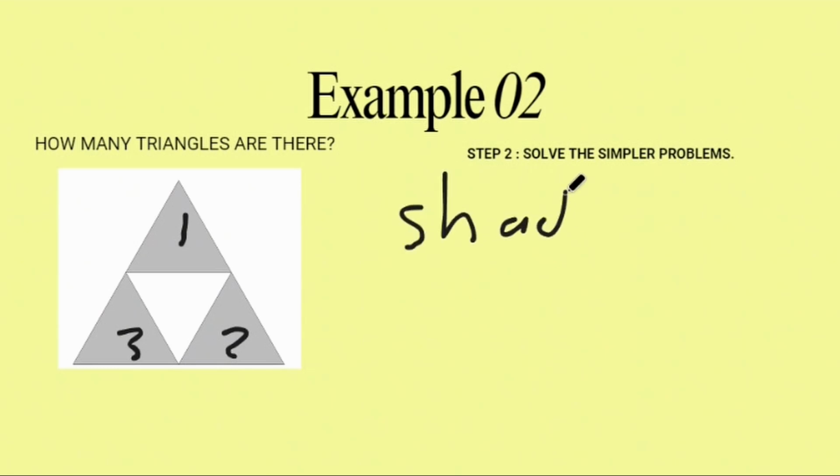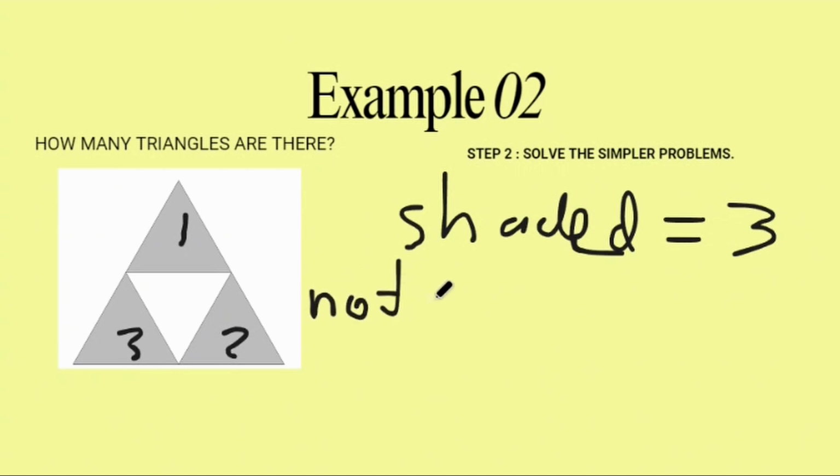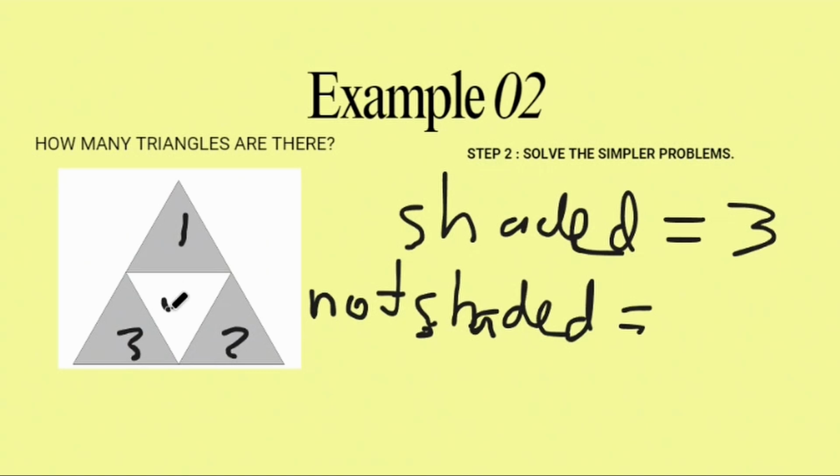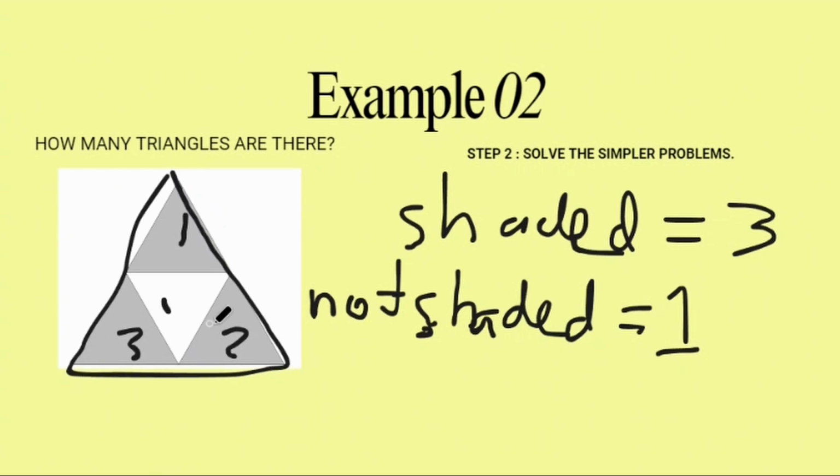So the shaded triangles are 3. Then how many are not shaded? 1. And for the whole, the not shaded and shaded together, it is one.